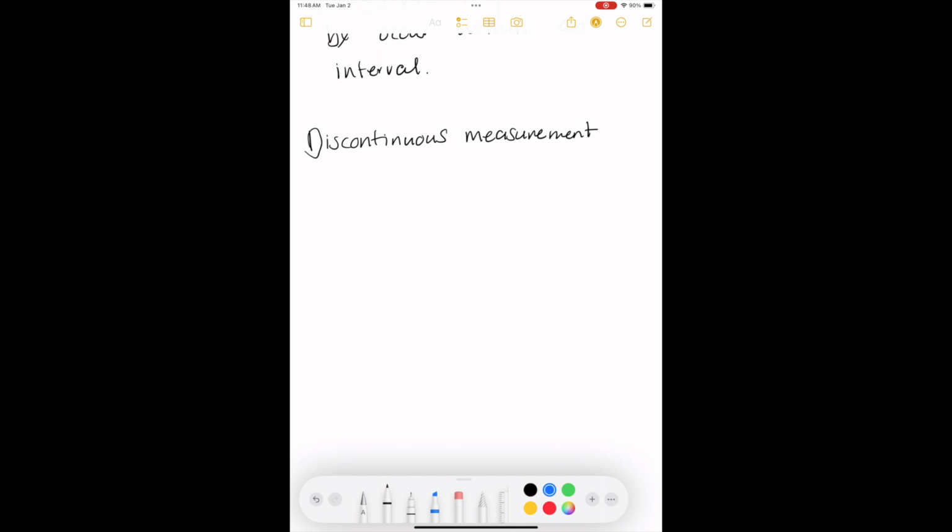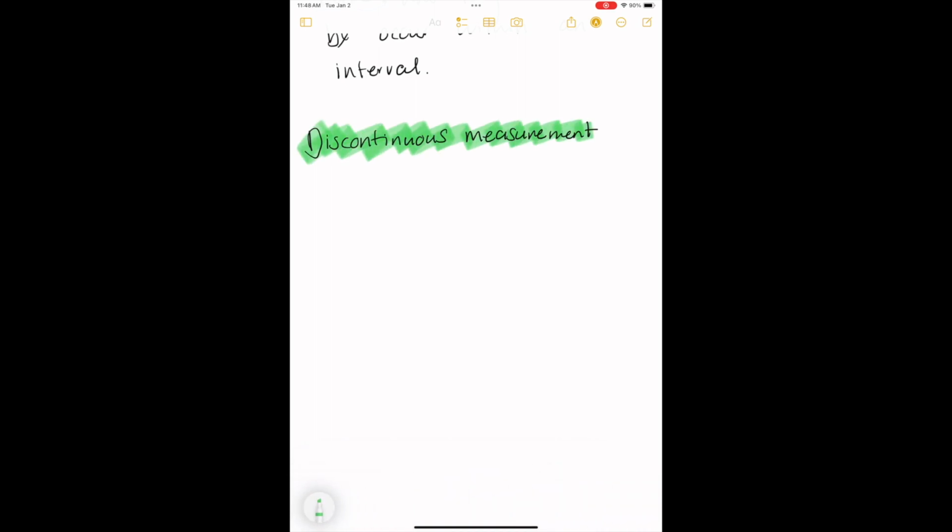There are 3 kinds of discontinuous measurement. I'll just tell you all of them now. There's whole interval, partial interval, and momentary time sampling.